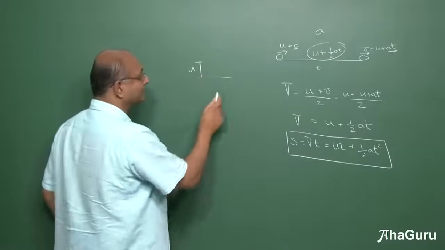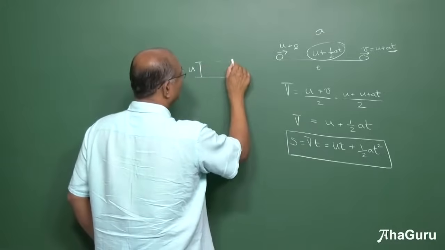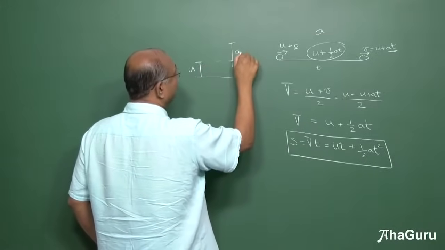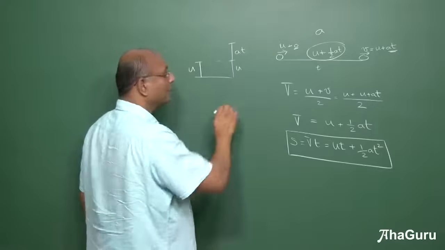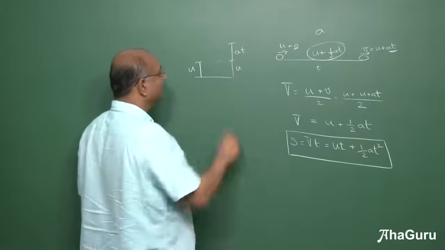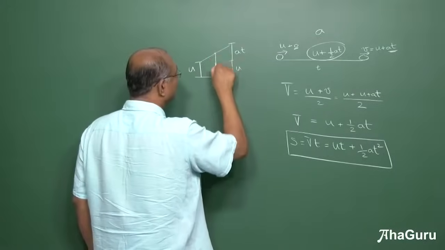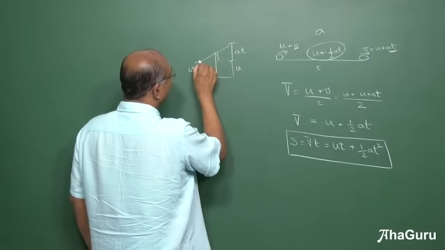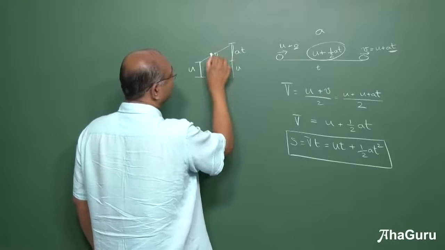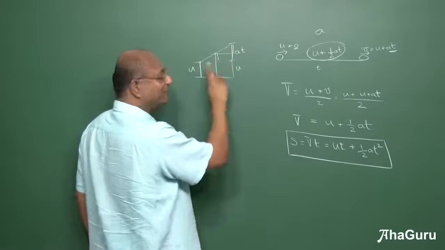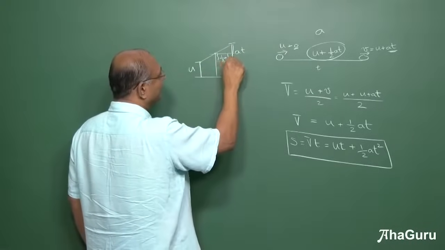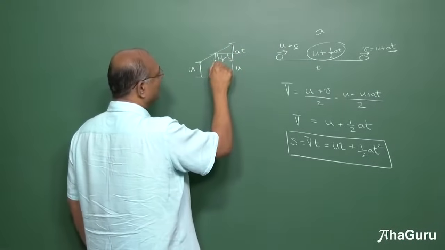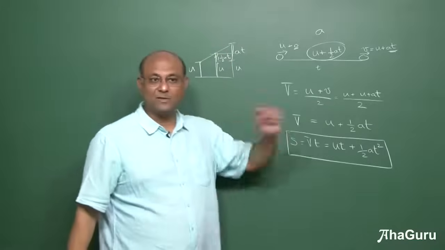Later when we come to graphs we will see. In the end you had extra at. U plus at. And your average was not this much, not that much, but halfway. So half of at, u plus half at. So that is the average velocity.